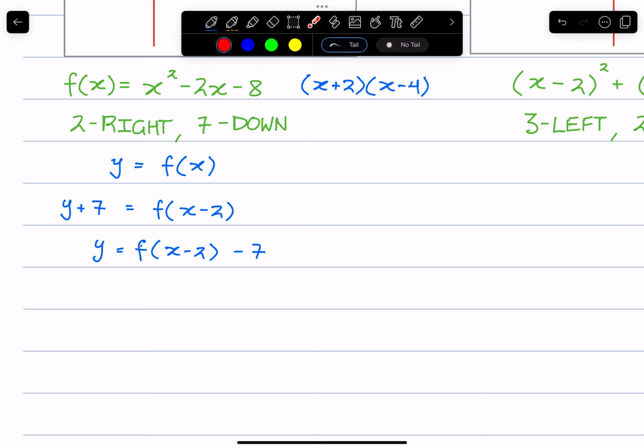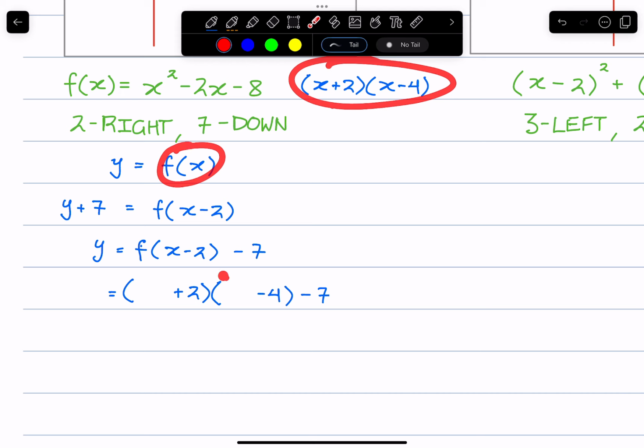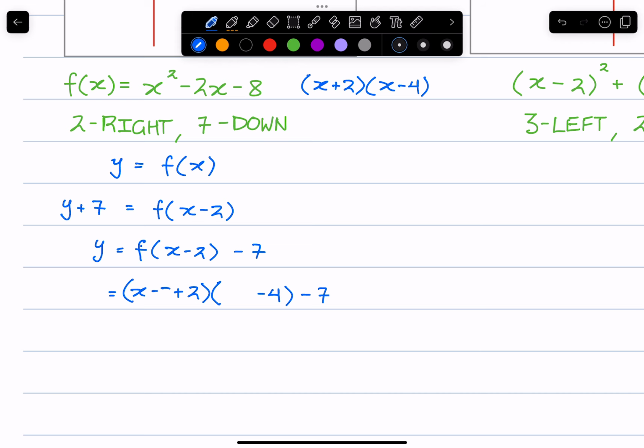Now implementing this transformation from our given function, here is x plus 2 and here is x minus 4, minus 7. So notice how I'm taking our function f of x and leaving space for it to be substituted for that x minus 2. So putting that in now.